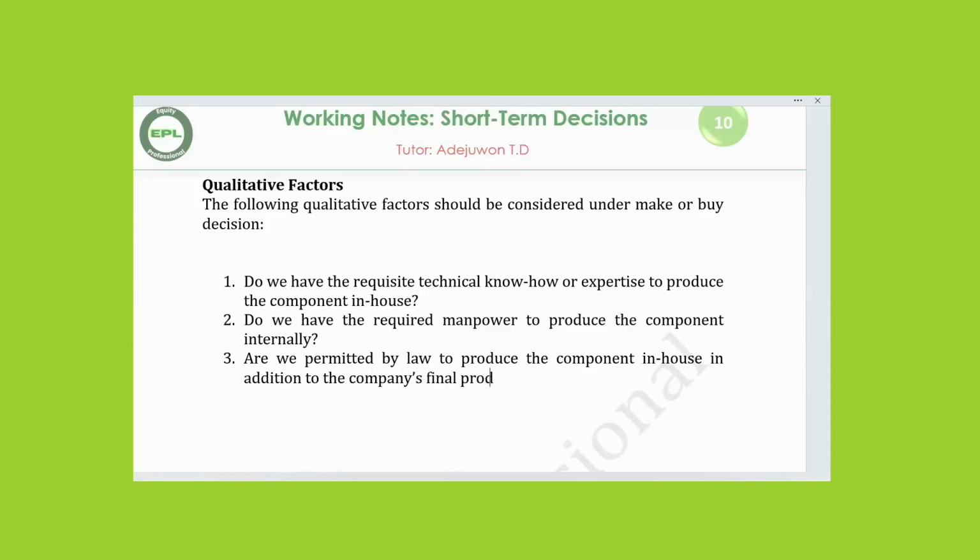You want to be sure that the law of the land permits you to produce.